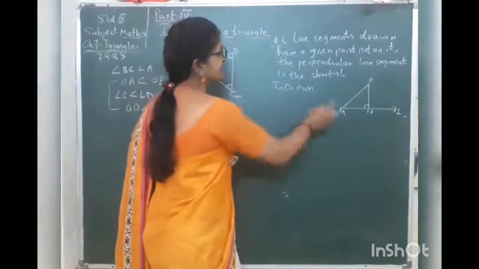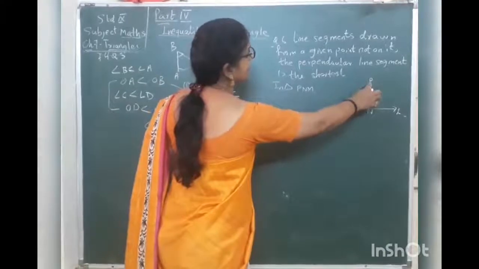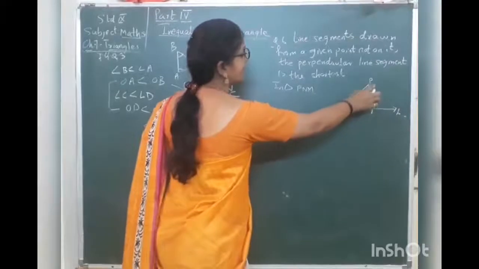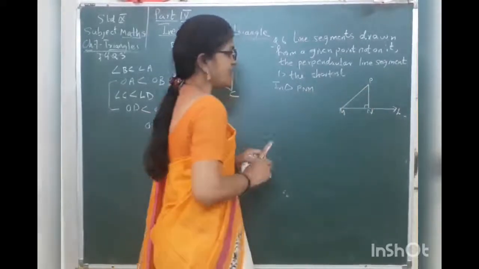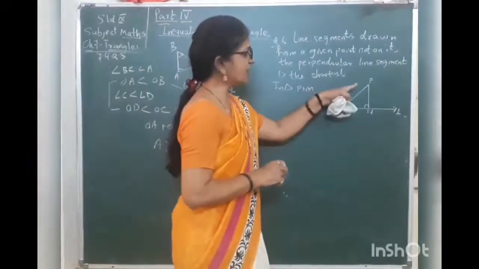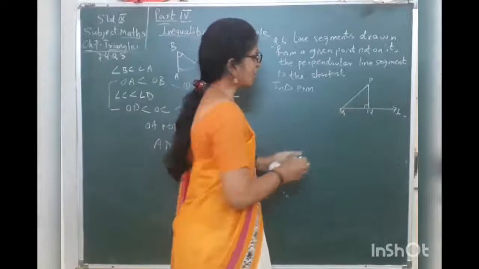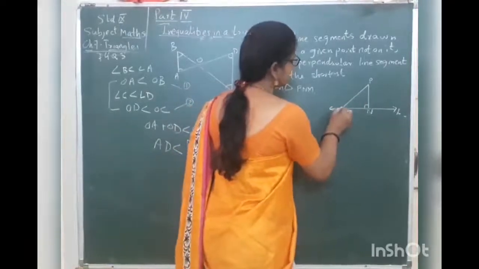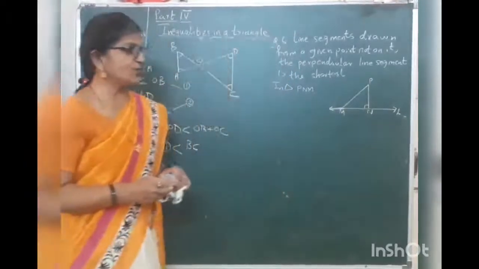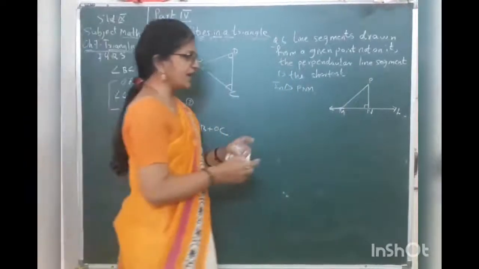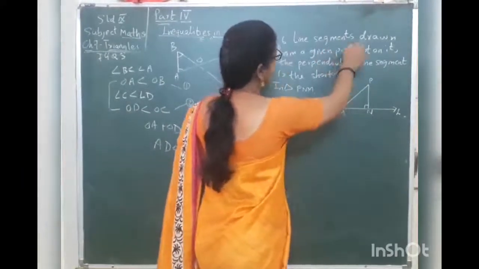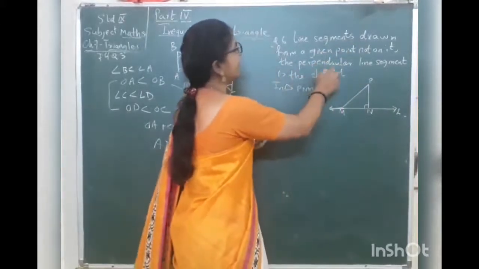So we will draw line segments PN and PM, joining point P to different points on line L, that is N and M. Now we have to prove that, of the line segments drawn from a given point not on the line, the perpendicular line segment is the shortest.